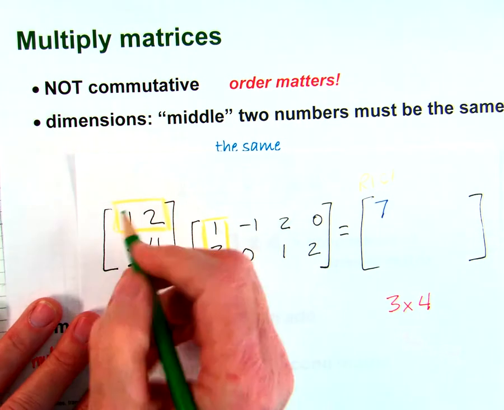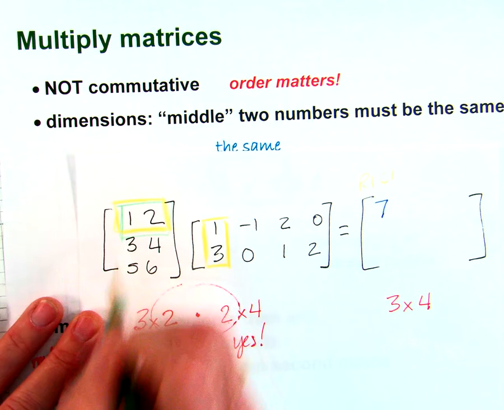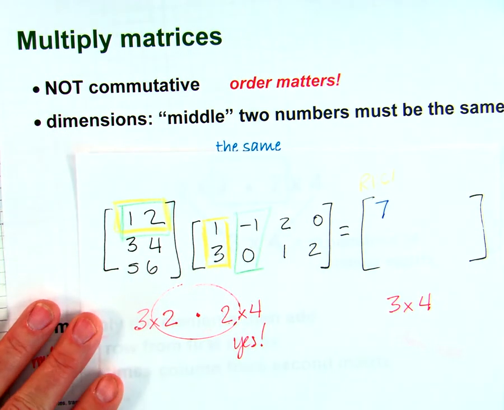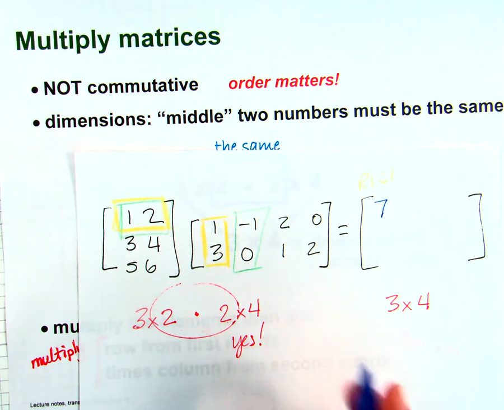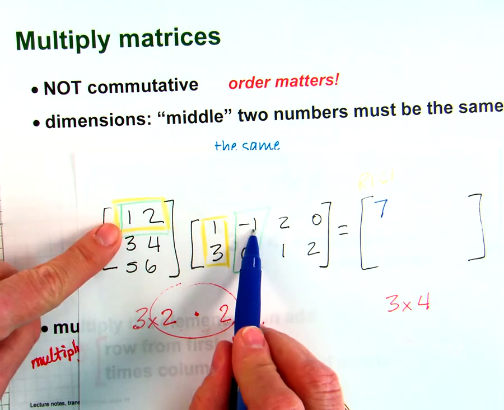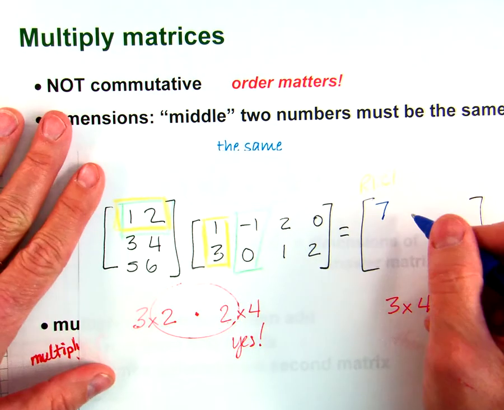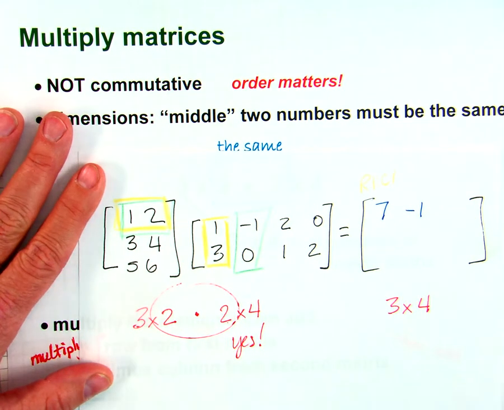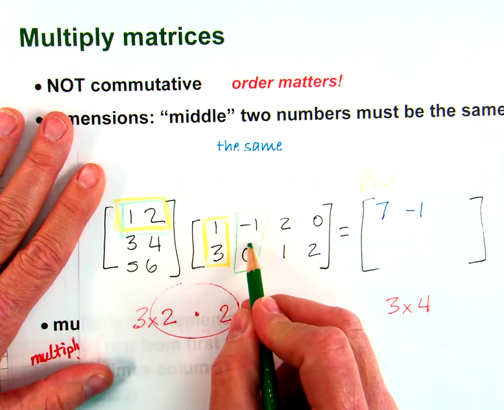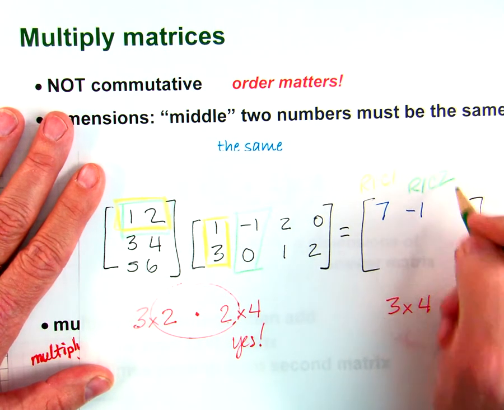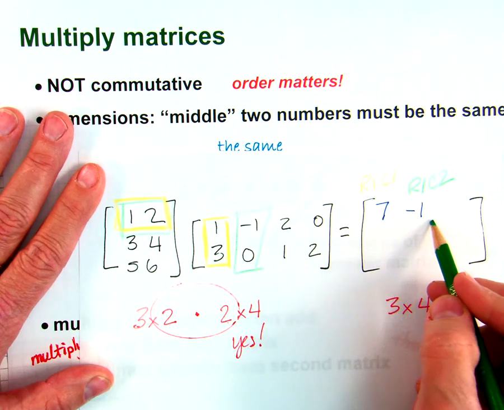Then I'll do row 1, column 2. 1 times negative 1 is negative 1. 2 times 0 is 0. Negative 1 and 0 is negative 1. This was row 1, column 2, and it goes in row 1, column 2 of our answer matrix.